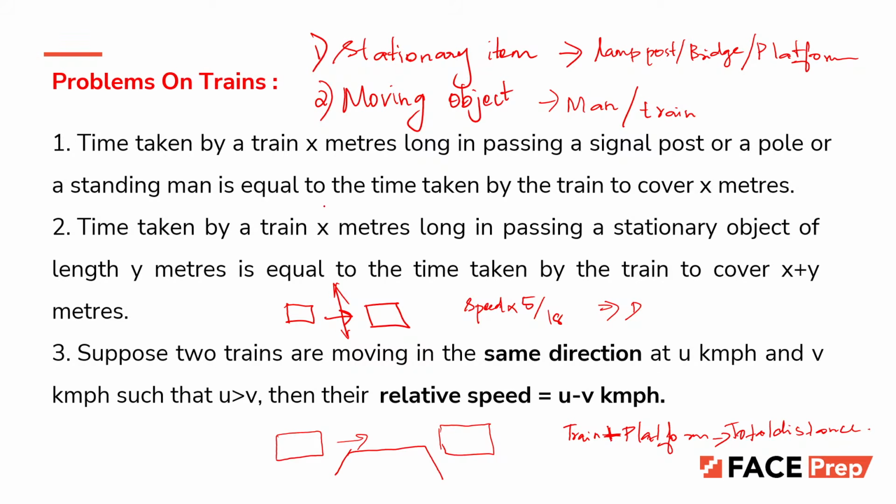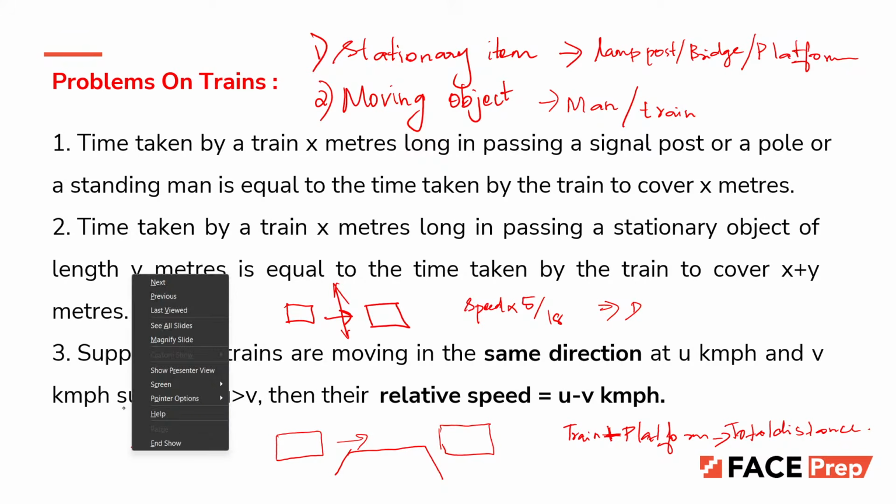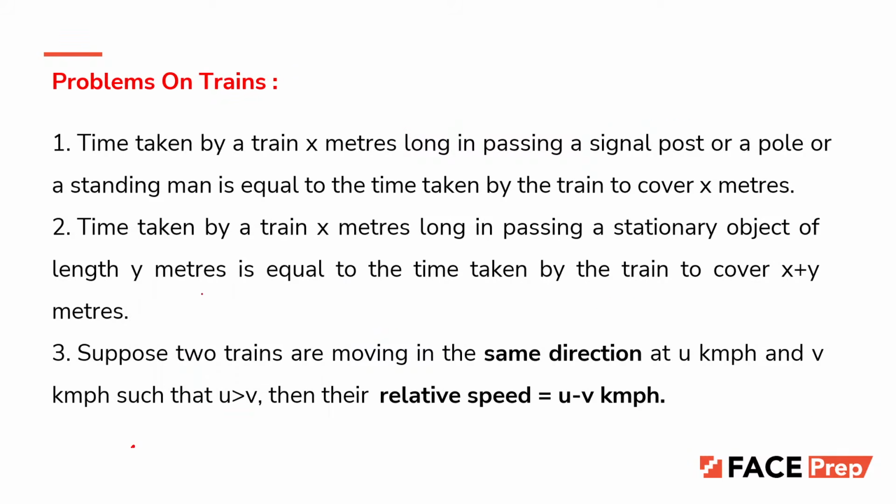So let's go for checking the part of what? If a person is moving in the same direction or if a person is moving in the opposite direction. Okay. Right. So let's take the case where a person is moving towards one side and another person is moving in the same direction.